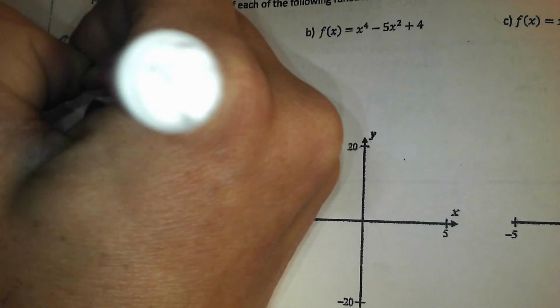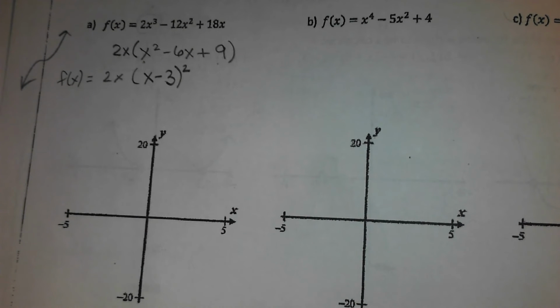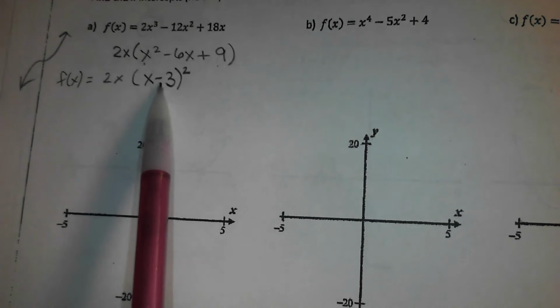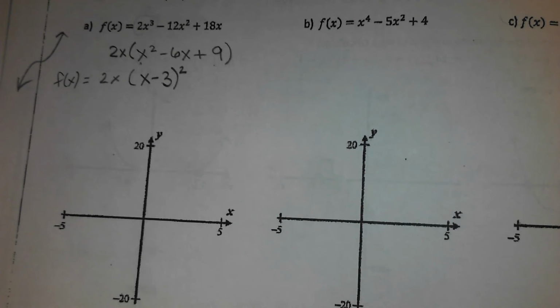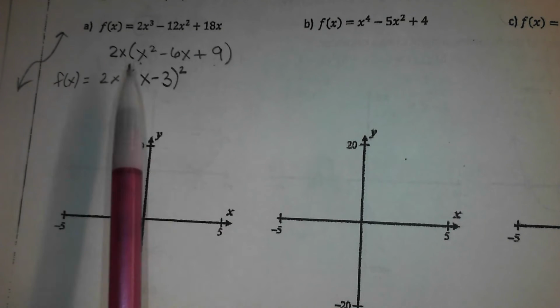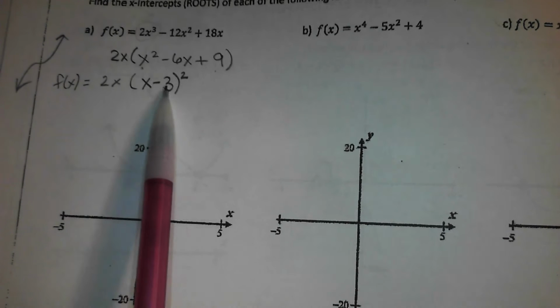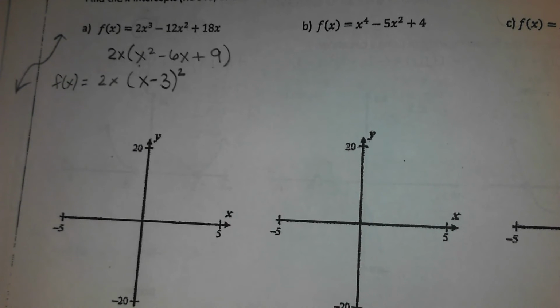When is this thing going to equal 0? Positive 3 I agree with, because 3 minus 3 is 0, and 0 times anything will 0 it all out. I don't necessarily agree with 2, though. If I plugged in an x of 2, I'm going to get 2 times 2, which is 4, times negative 1 squared. That's not going to give me 0.